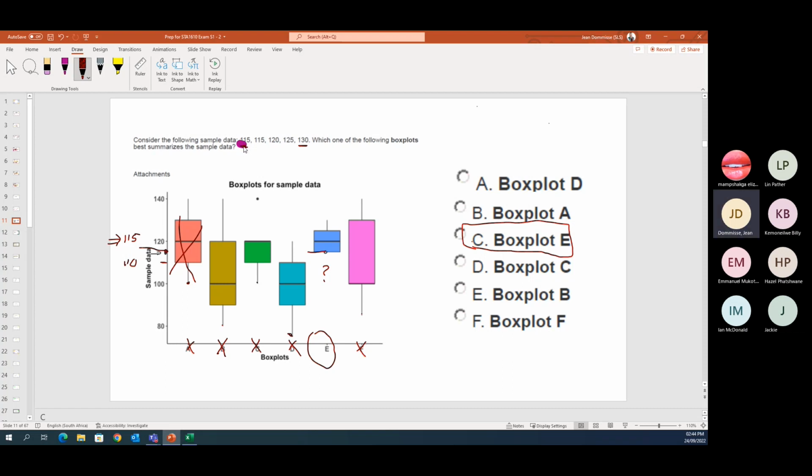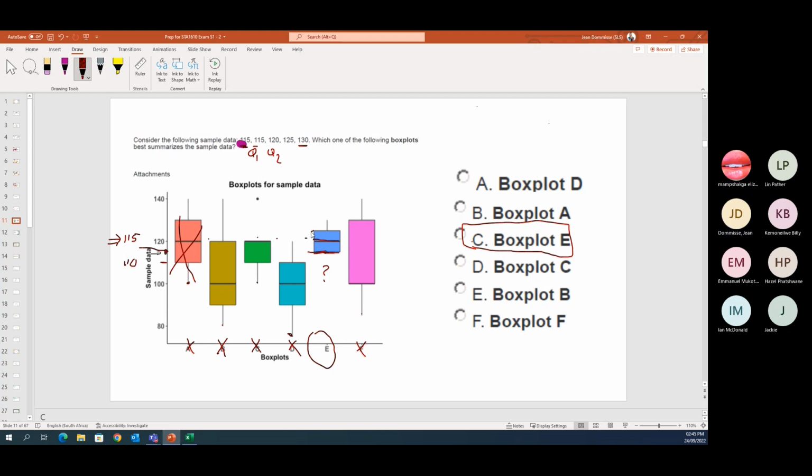But let's look at this one. So the minimum is also equal to Q1. So that's why there's a line with a minimum. Q2 is in the middle. So there you have Q2, and it is, if you cross it, around 120.